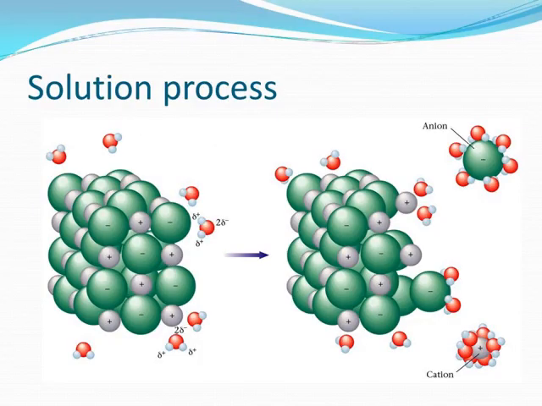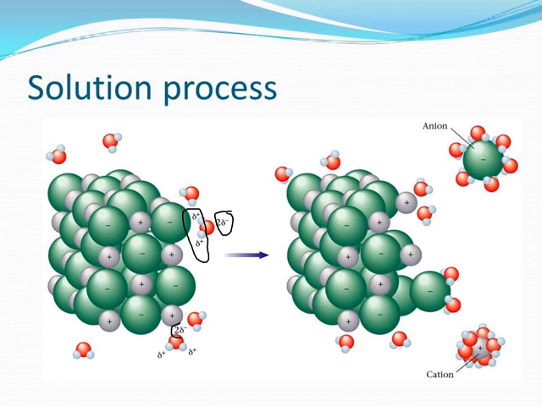And so we can see here, this big chunk in the middle is our salt crystal. We have negative ions, we have positive ions. And then we have the water molecules, again represented by these little Mickey Mouse shaped things here, which have a negative end and a positive end, and they're going to be attracted.